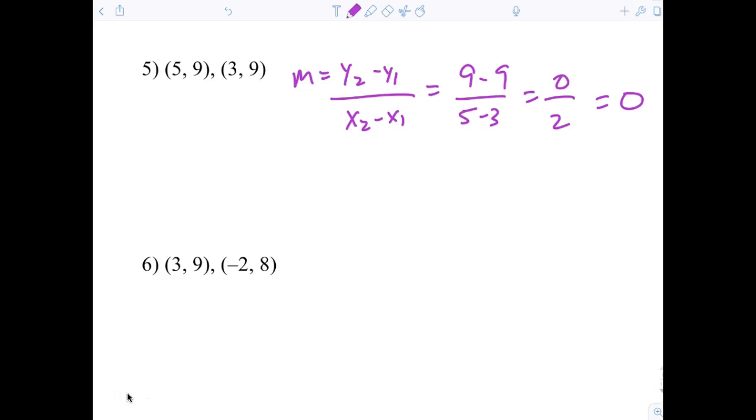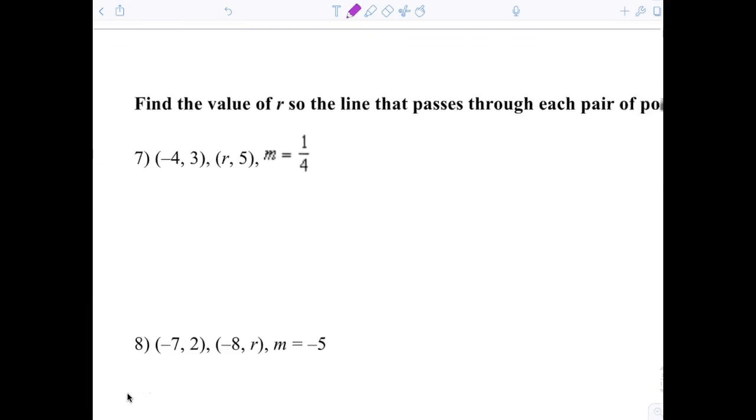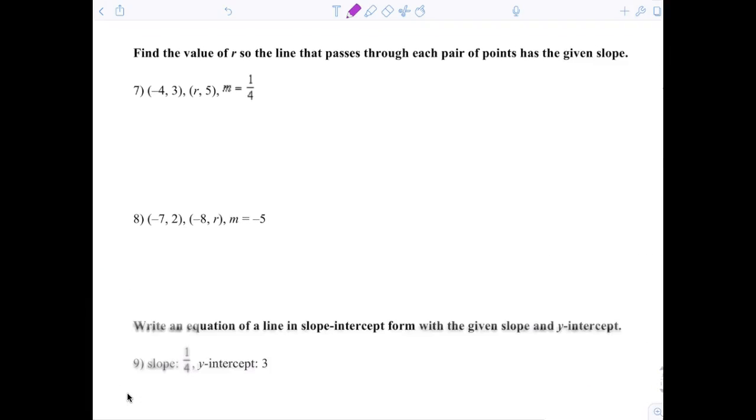All right, here we go. Let's take a look at number 7. This was the problem that you were doing on the IXL, where you had to figure out the missing x or y. So now let's take a look just to make sure you know what's going on.